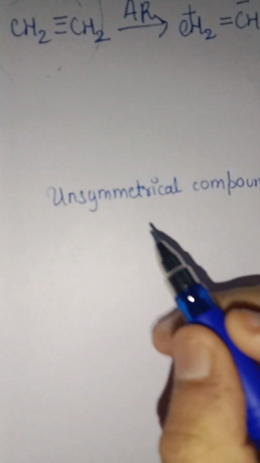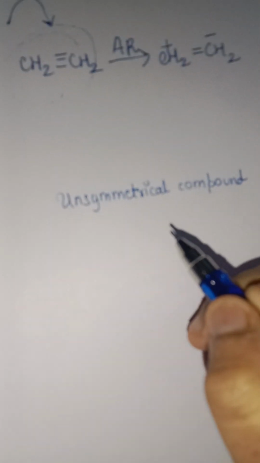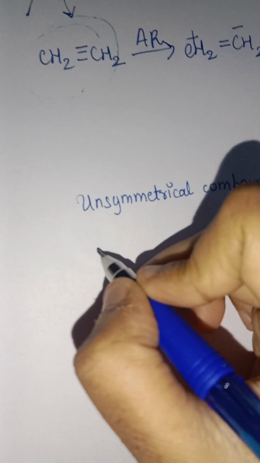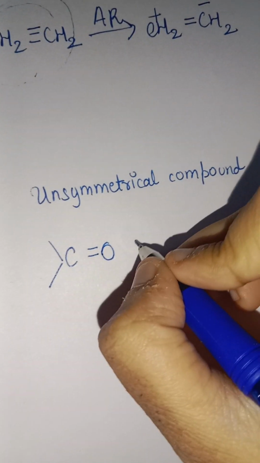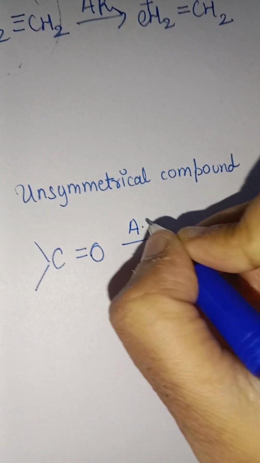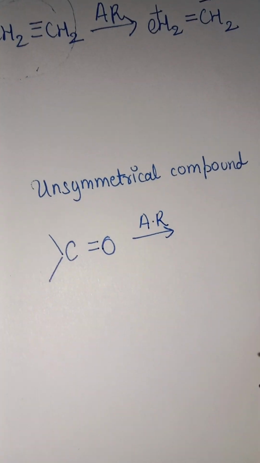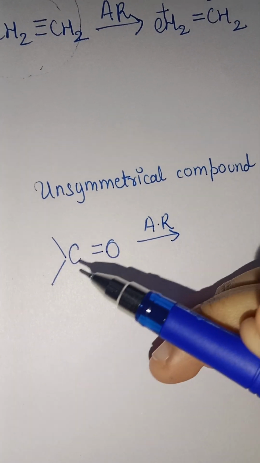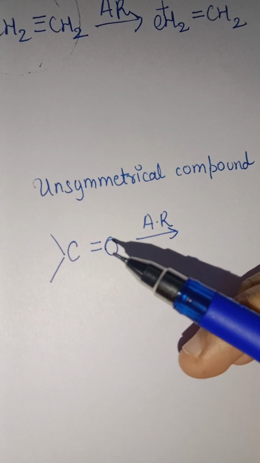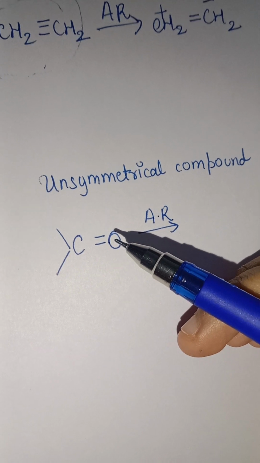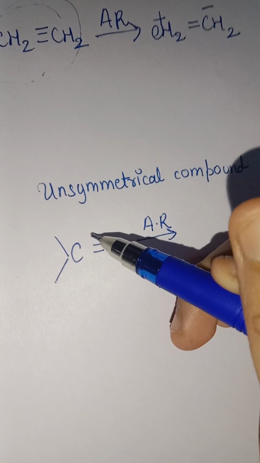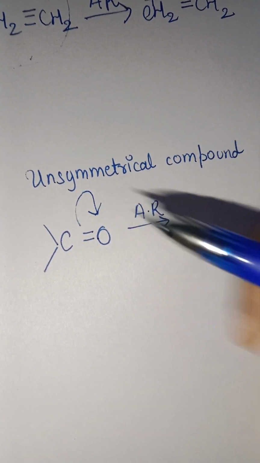So now I will be taking an unsymmetrical compound. For example, I have this. Now it is in the presence of the attacking reagent. So now what will happen is that one of them will be withdrawing all the electrons towards itself. So the electrons will be shifting over here.